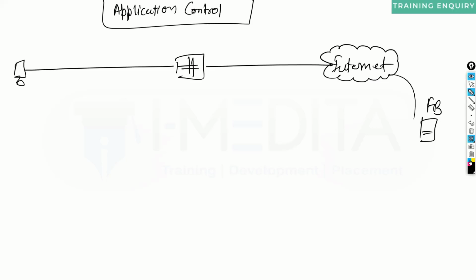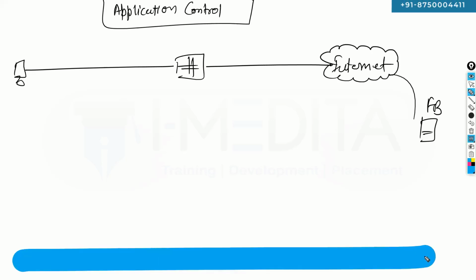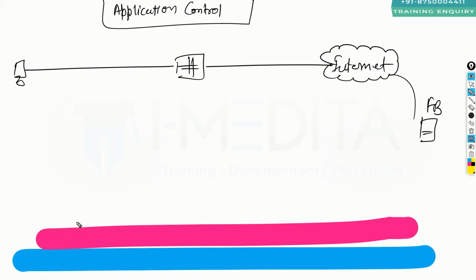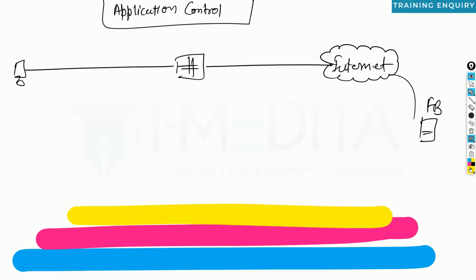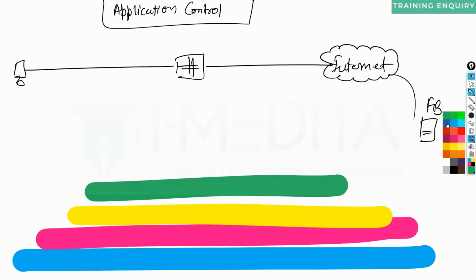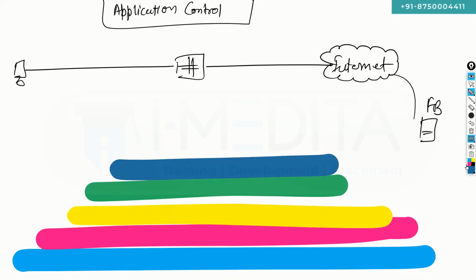First, this user will establish a session with the server. One session will be there. Under that session, there will be another session, a second session, then a third session. In the same way, there will be multiple sessions within the same connection.